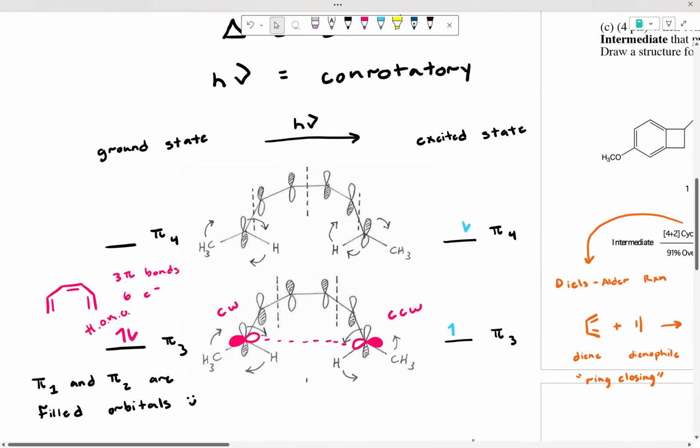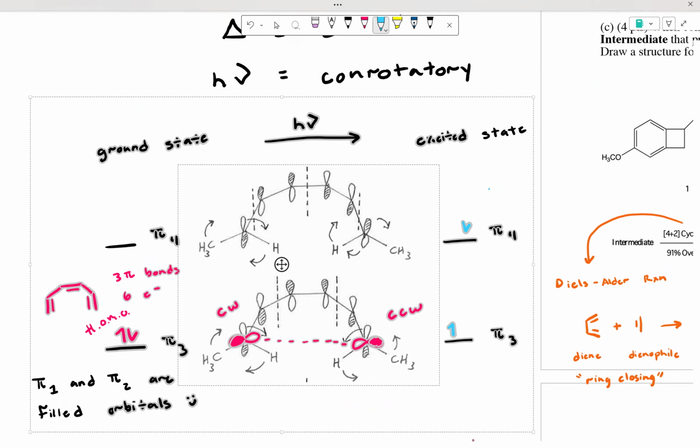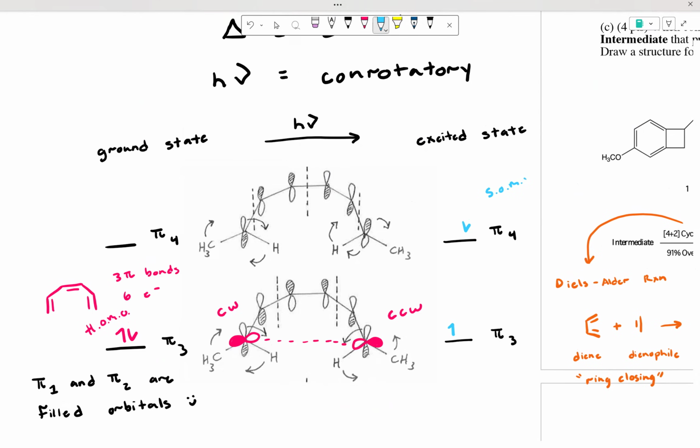After we hit our molecule with light, one of the electrons gets excited. So we now look at the highest occupied molecular orbital, which is the pi 4.